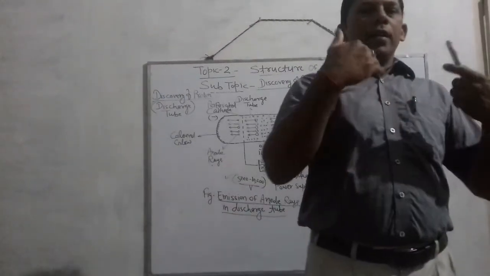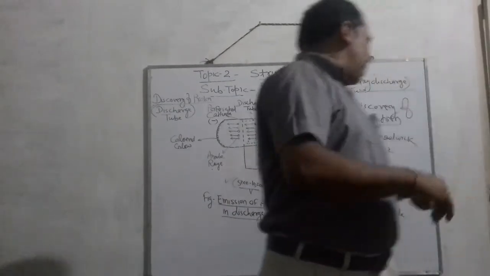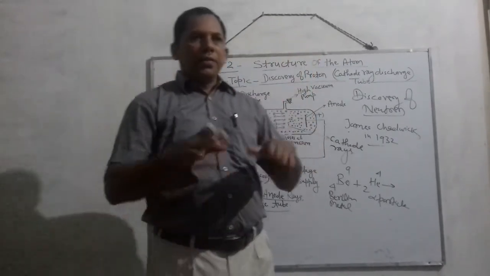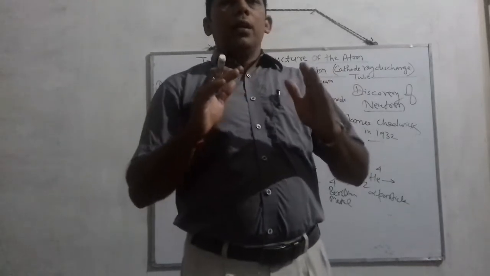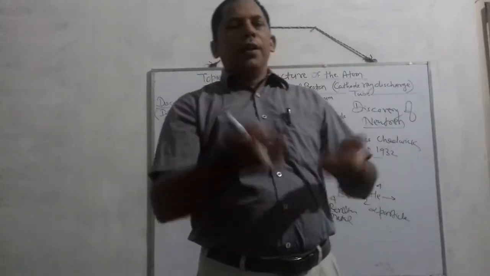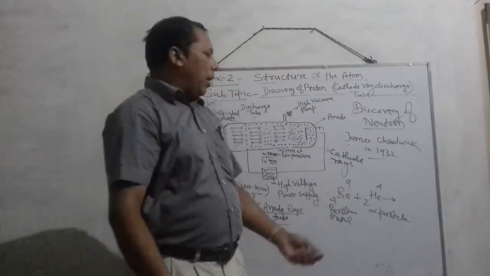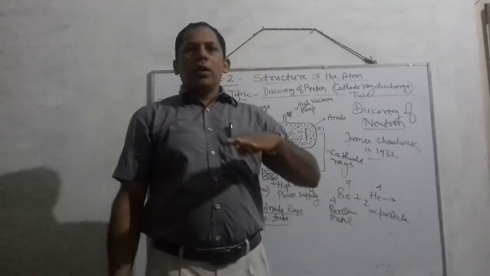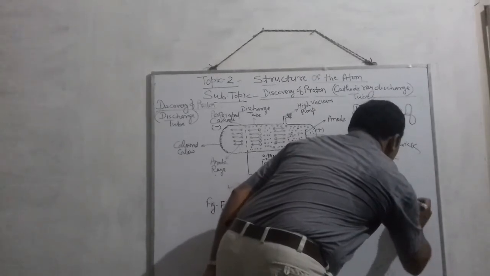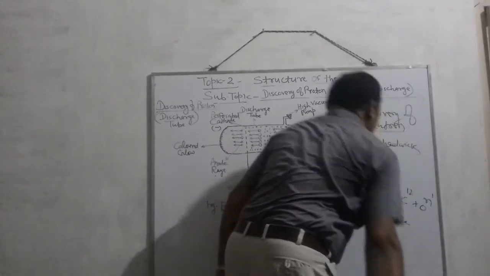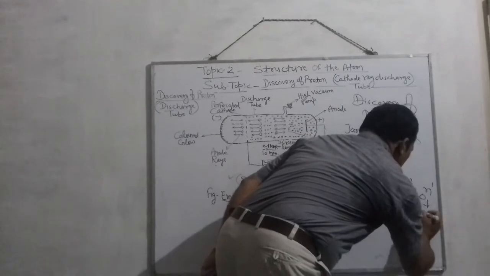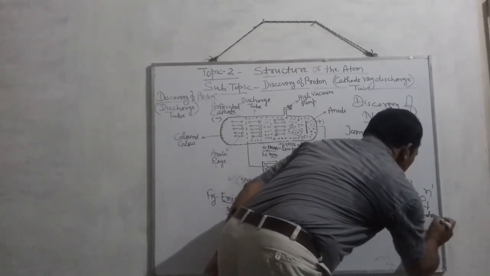A highly penetrating radiation is emitted, and that radiation consists of a new particle called neutron, which is chargeless, a neutral one, and along with it a new element is formed, that is 6C12 plus 0N1. So this 0N1 is a neutron.